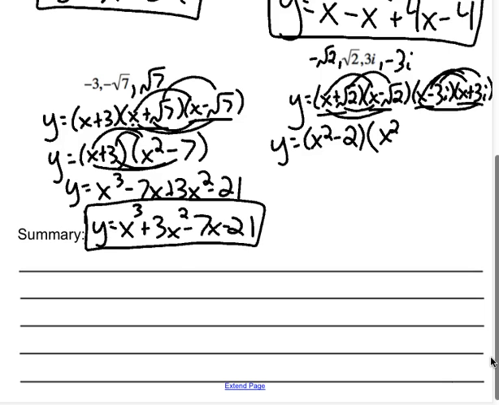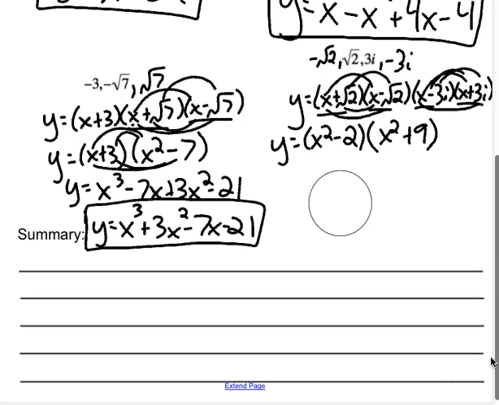Now let's do a little side work for that last piece. So negative 3i times 3i gives you negative 9i squared. However, you know that that i squared is a negative 1. So ultimately, this becomes a positive 9. Okay?